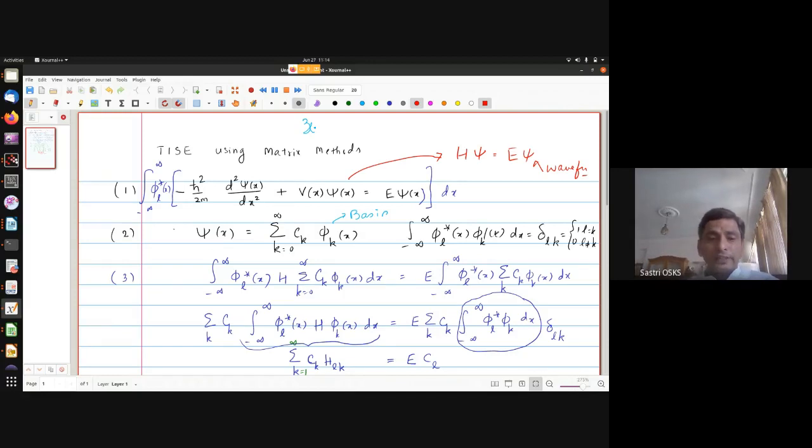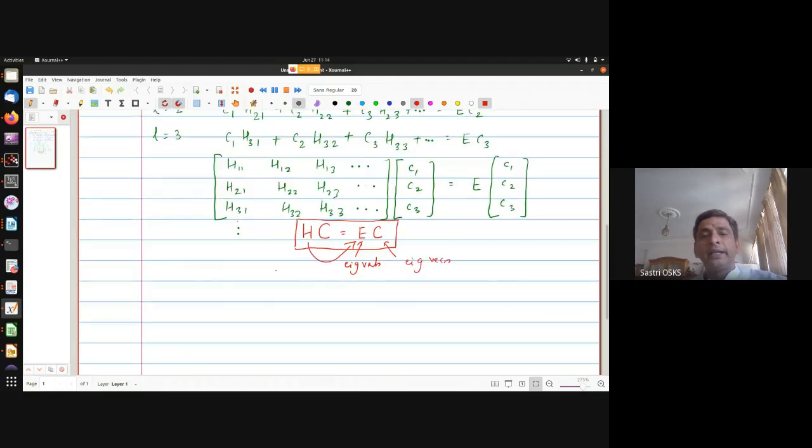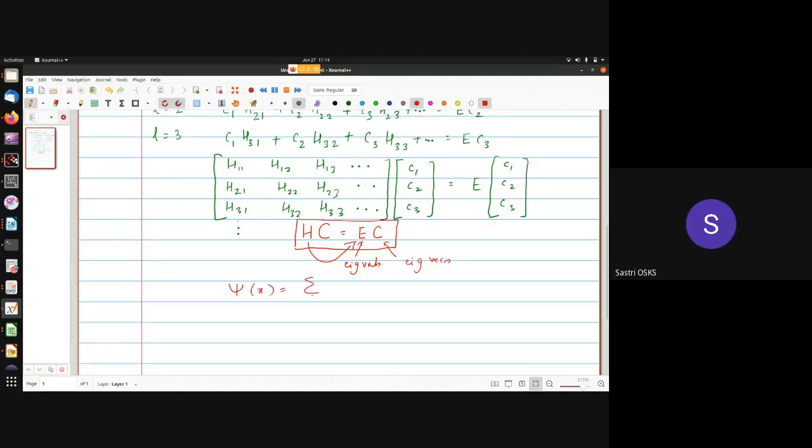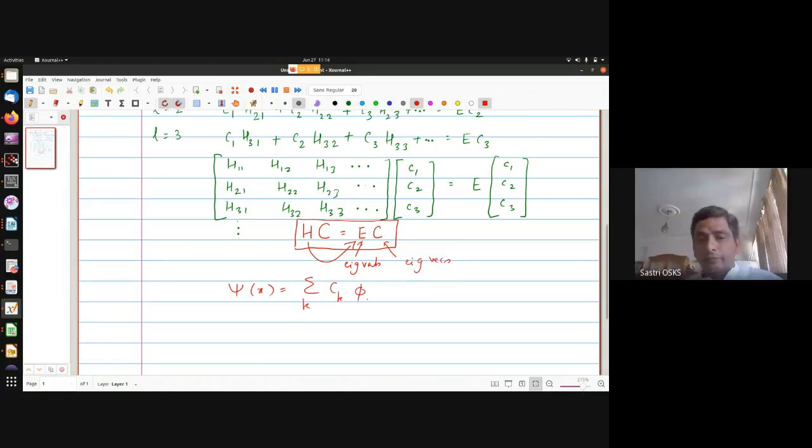If you want the wave functions, we have to use this part that we have here. You get the point? So if I want to calculate the wave functions, I have to do this summation, k equal to 0 to infinity, Ck phi k of x.